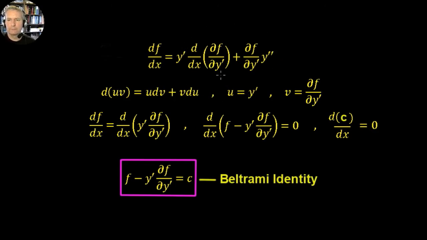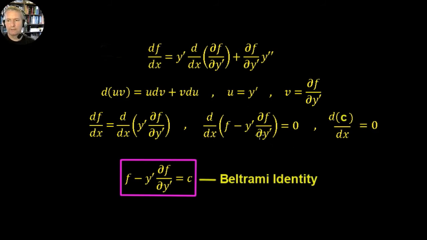So that means that this whole thing here is just equal to this here. Now we can take this whole thing across to the other side, so you'd have df by dx minus d by dx of y derivative times partial f by partial y derivative, but df by dx is just d by dx and you can put the f inside the brackets, so we're just left with this term here.